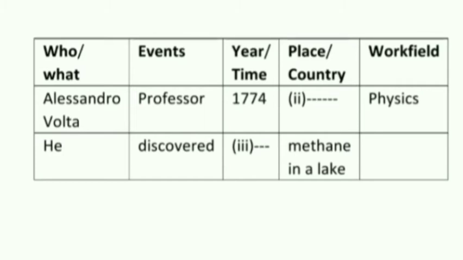So first one, Alessandro Volta, events is professor, and time is also mentioned here, 1774, and work field, that is physics. So you have to mention the name of the place where he was the professor of physics. Who can say? Yes, you are right. At the Royal School in Como, as it is mentioned in your passage. So you have to collect this information from that passage.